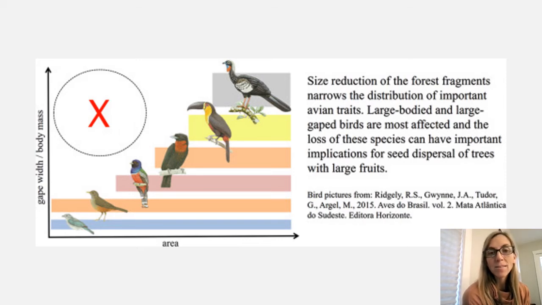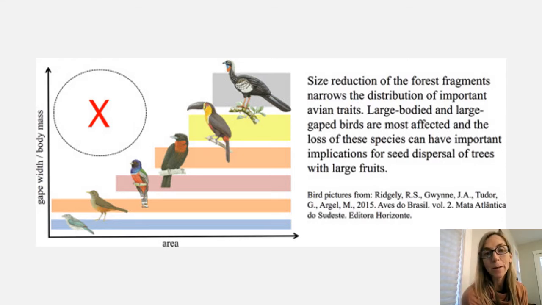And because species with larger values for morphological traits were lost through local extinctions, the relative absence of large-gaped and more dispersed frugivores in small forest fragments has important implications.